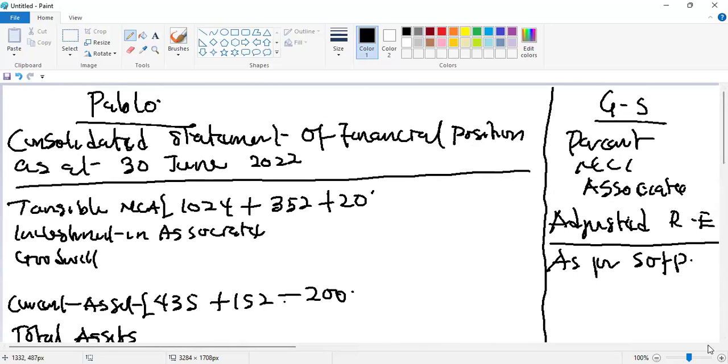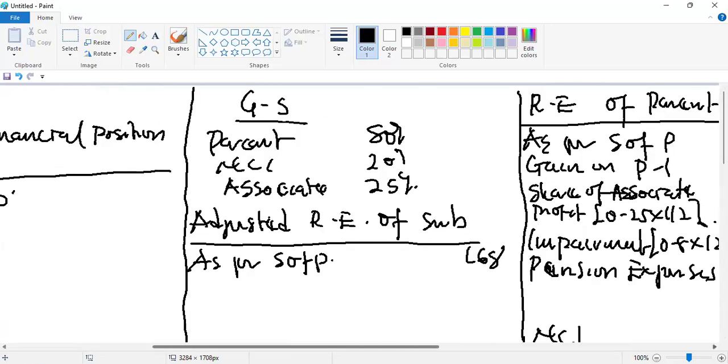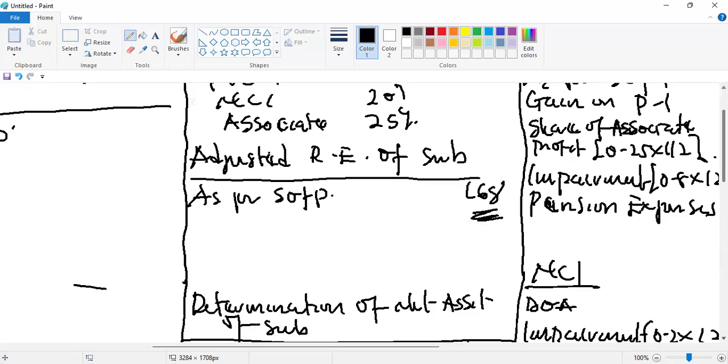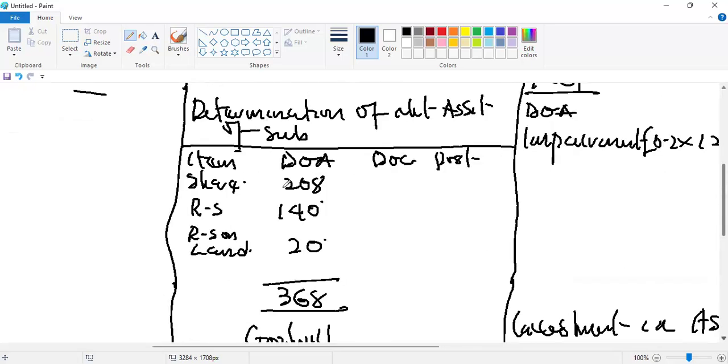We can now consolidate. But nothing happened to the retained earnings. We have 168. Then I'll break it down by saying 208, 168, then 20. 168 minus 140 gives you 28. Then share profit between the parent and NCI.